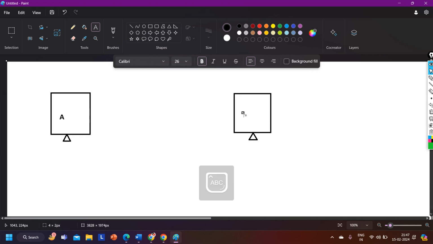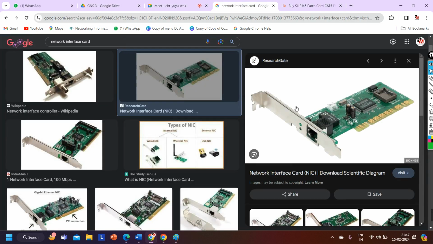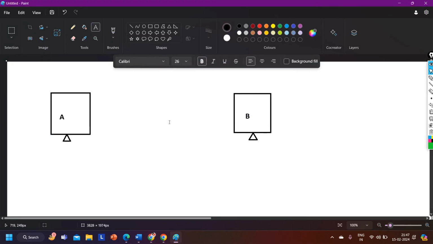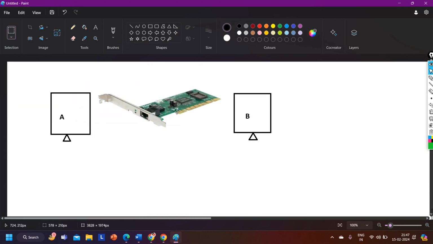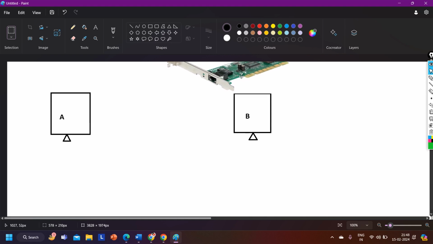On both computers we should have one NIC port, network interface card, correct?